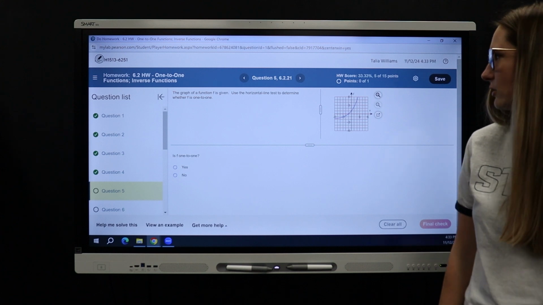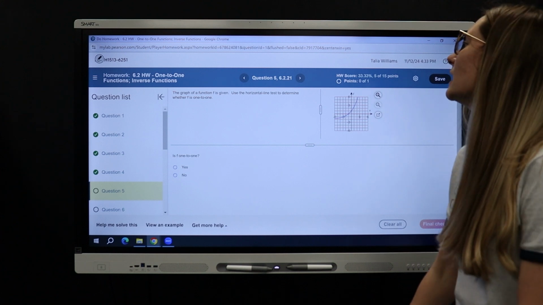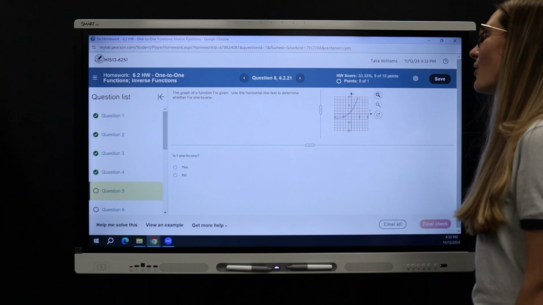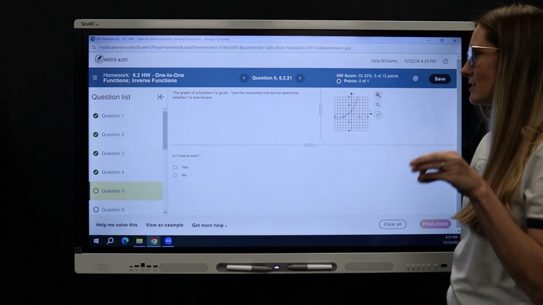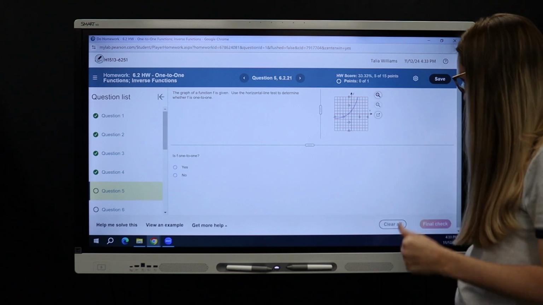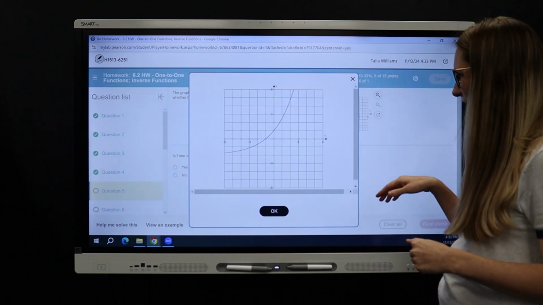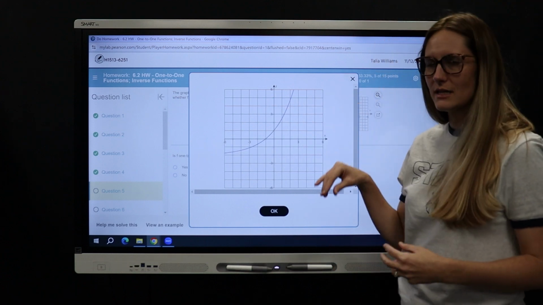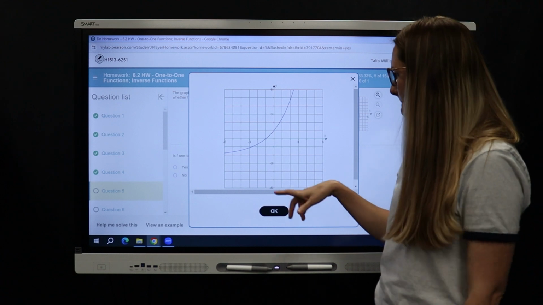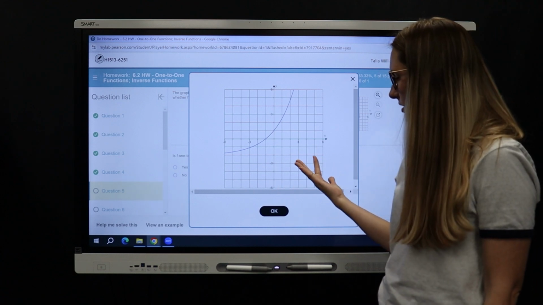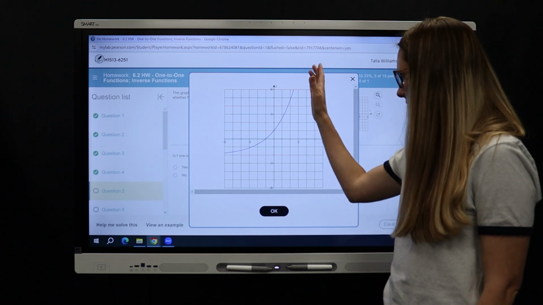Determine whether the graph of a function f is given. Use the horizontal line test to determine whether f is a one-to-one function. So looking at this graph, if I was to draw a horizontal line, because that's to check if the y repeats any, it's not going to cross it more than once.